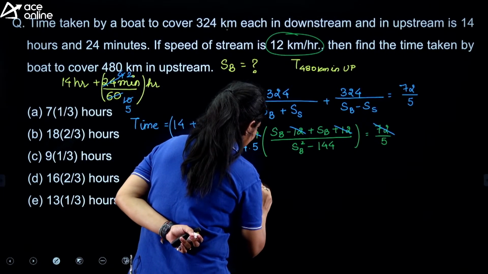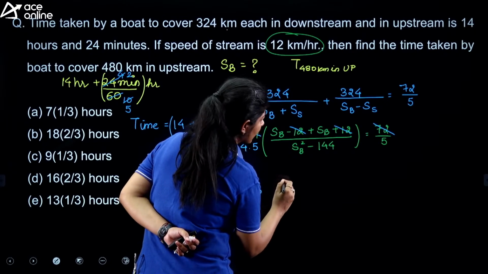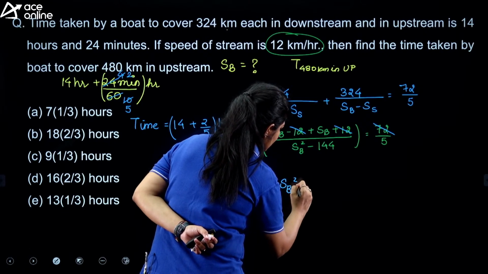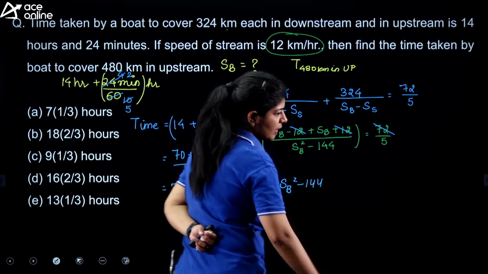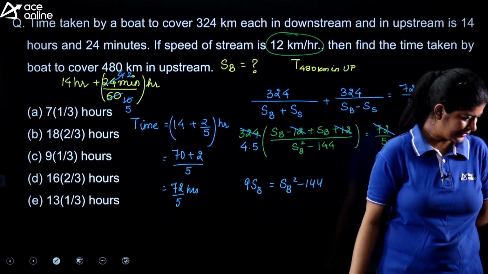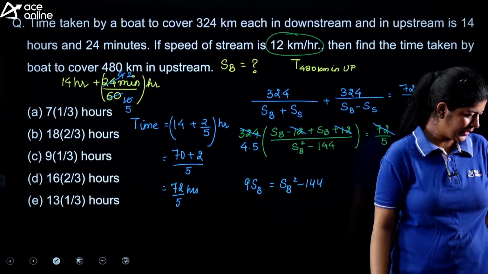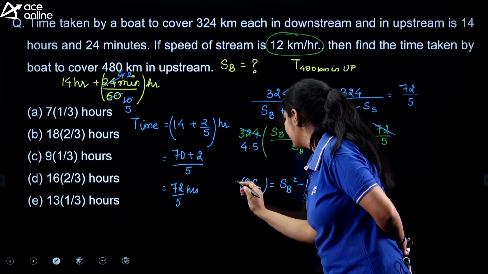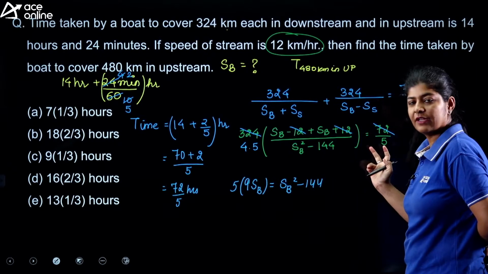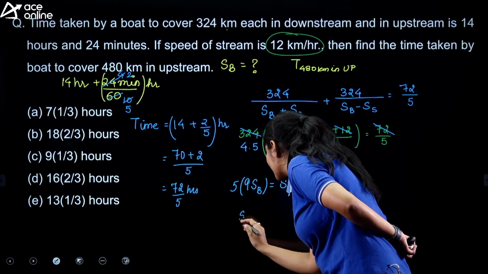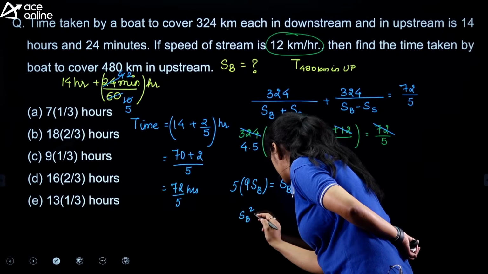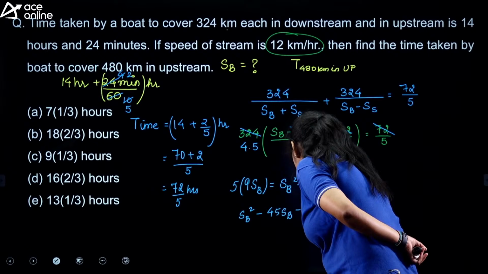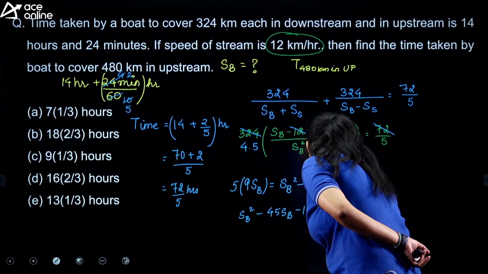So 9 SB is equal to SB square minus 144. This is what we are getting, right? And we need to multiply this side by 5, as we have this 5 in the denominator. So the quadratic equation that I got is SB square minus 45 SB minus 144 is equal to 0.